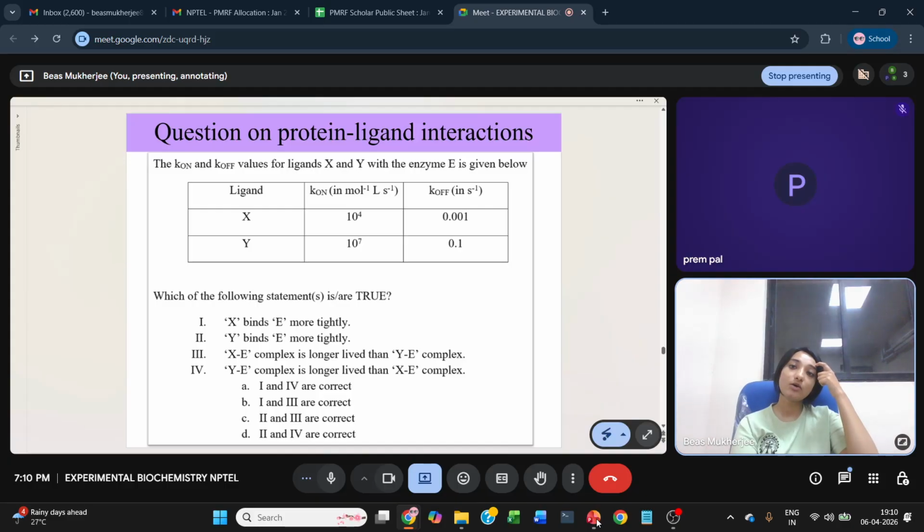Now K on and K off values for the ligands X and Y with the enzyme E are given below. Which of the following statements is true? X binds E more tightly, Y binds E more tightly, XE complex is longer lived than YE complex, or YE complex is longer lived than XE complex.